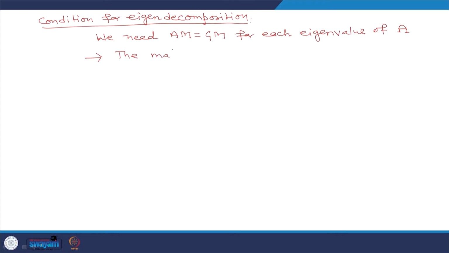In other words, the matrix A should have n linearly independent eigenvectors.